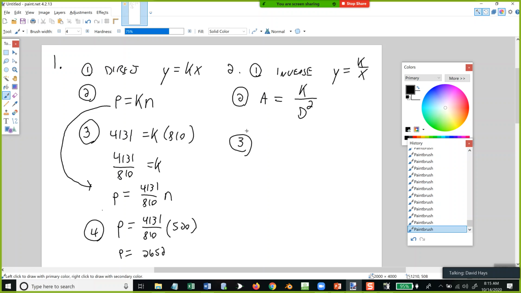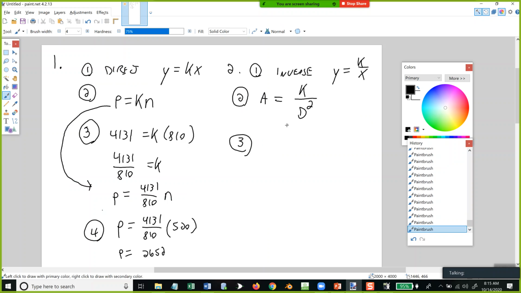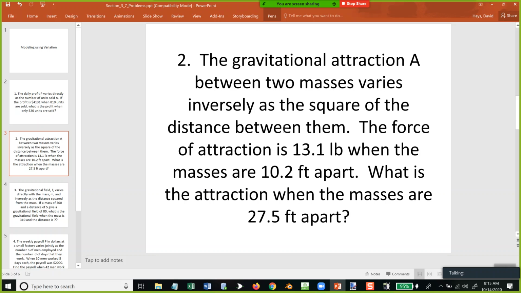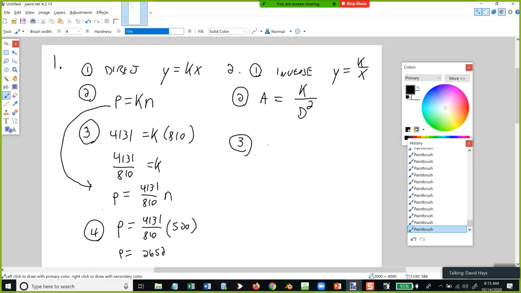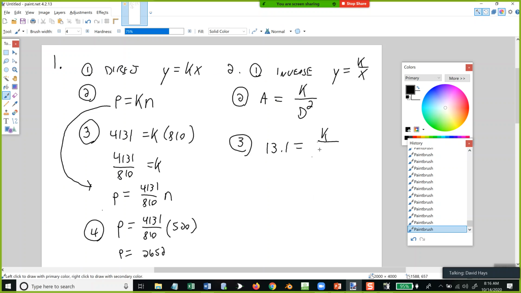Step 3, look for one example. Force of attraction is 13.1 pounds. Gravitational attraction is A, so 13.1 for the A. And when the masses are 10.2 feet apart. So 10.2 squared.